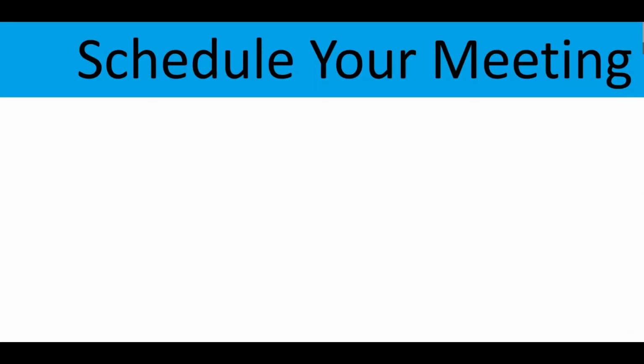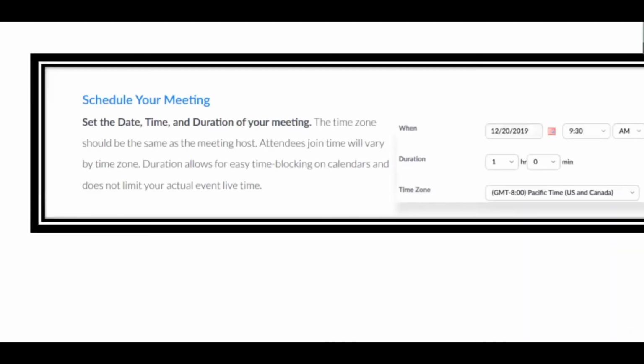Okay, schedule meeting. As I said, I'm going to talk you through it and then show you. So you can set your date, the time, the duration of the meeting, and the time zone. And I say time zone because you could be saying that you're going to put on a meetup with people from America. And I've used Zoom to do that, meet up with my family.